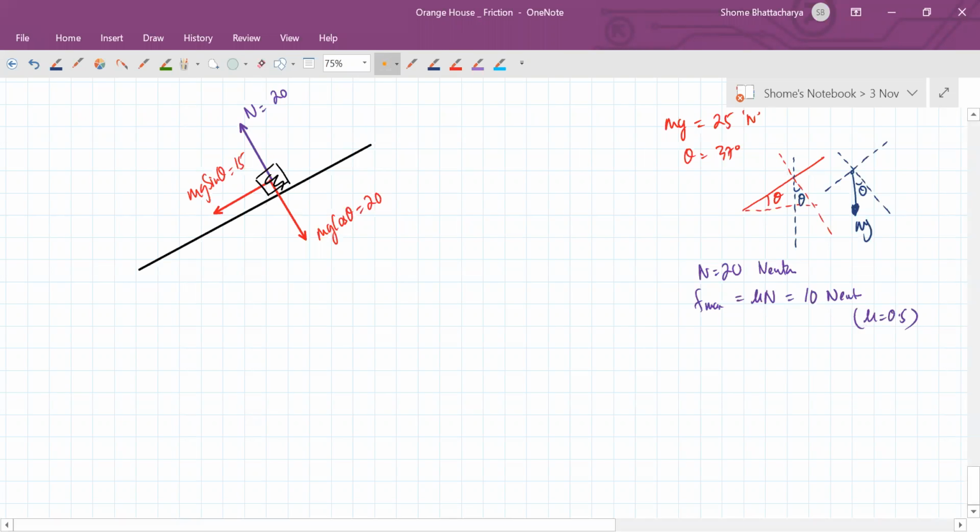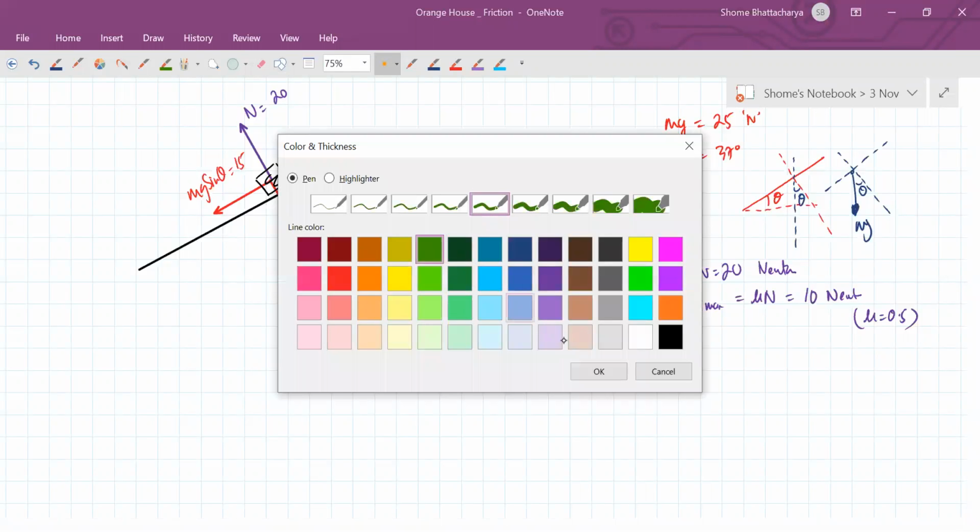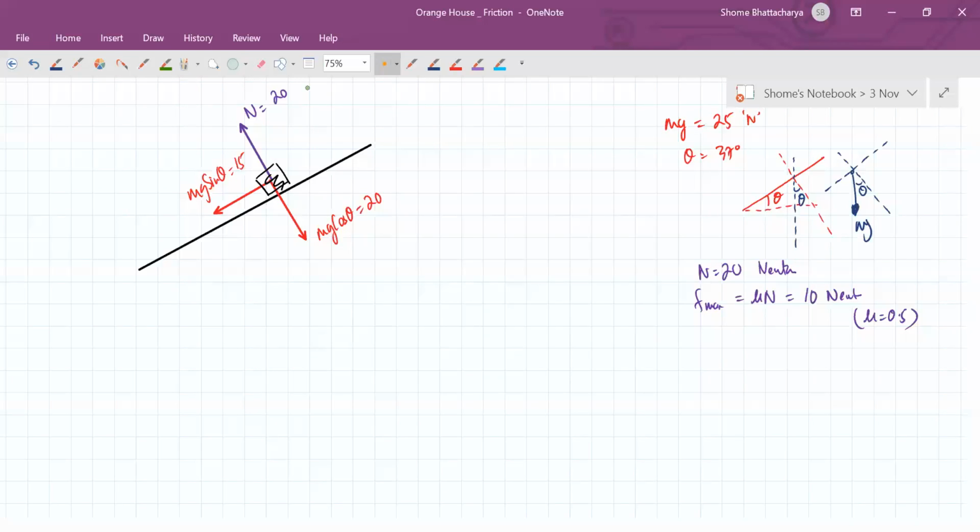There will be friction trying to prevent it from slipping, but it won't be able to prevent slipping on its own. So this will be equal to 10 newtons.